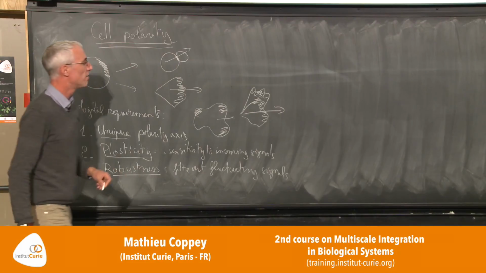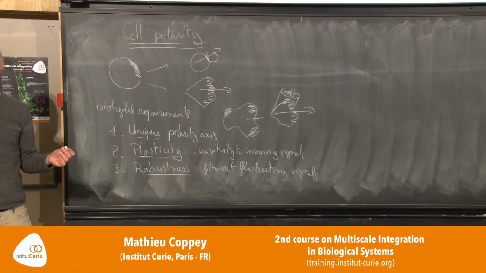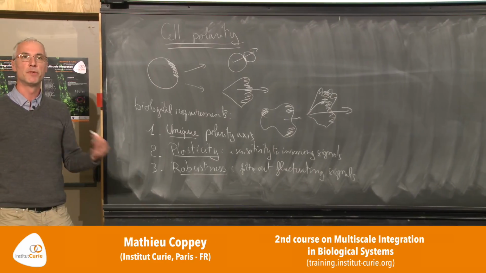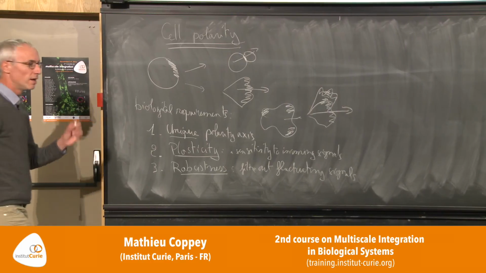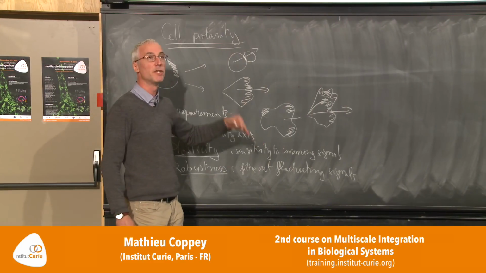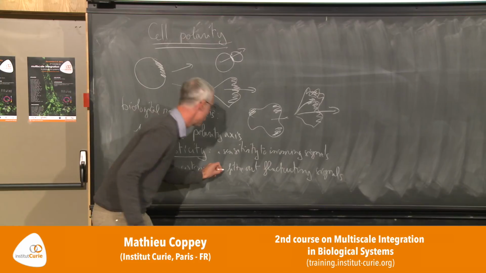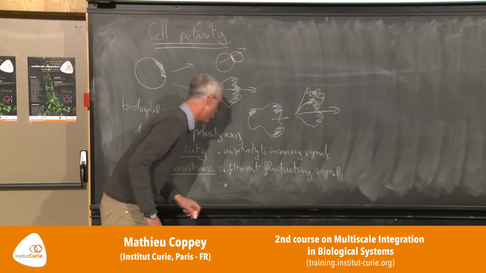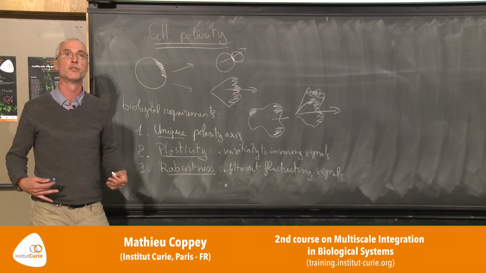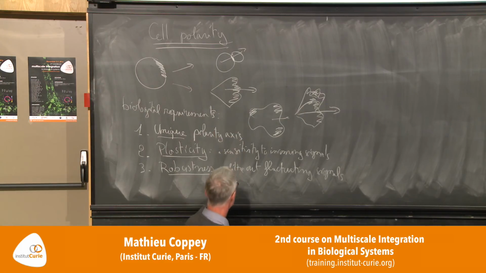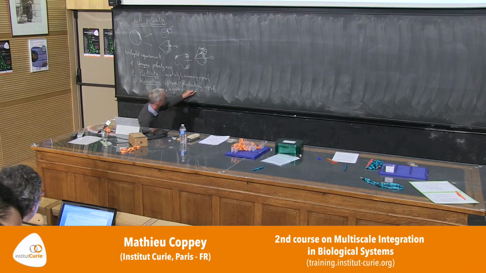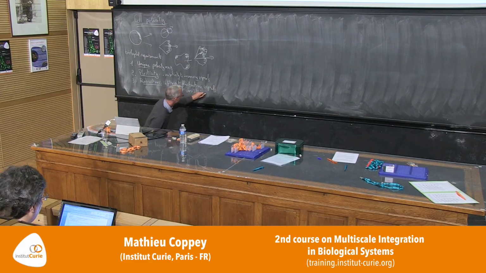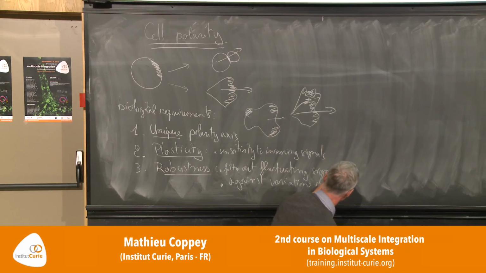You don't want a little perturbation to completely screw up your pattern. So you want something that is able to filter out and not amplify the little fluctuations. That could be fluctuations of the environment, but robustness can also be thought of as robustness against internal variation. It has to be robust against variation in concentrations, for example.